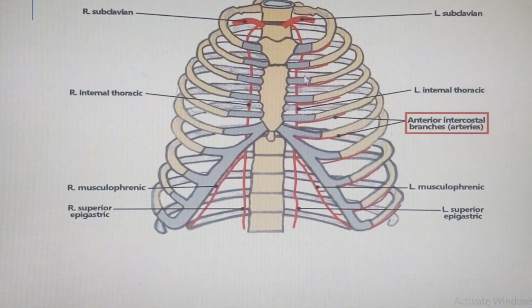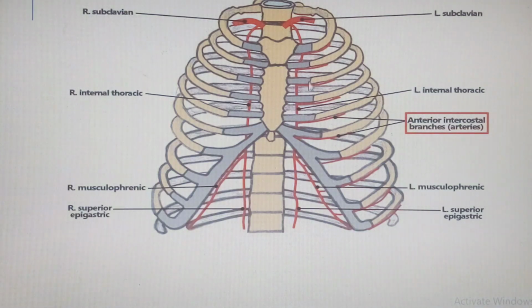So the upper 6 intercostal arteries will be coming directly from the internal thoracic artery. There will be branches of the internal thoracic artery giving supply to the upper 6 intercostal spaces and structures. That is one of the branches that we will see coming from the internal mammary artery.